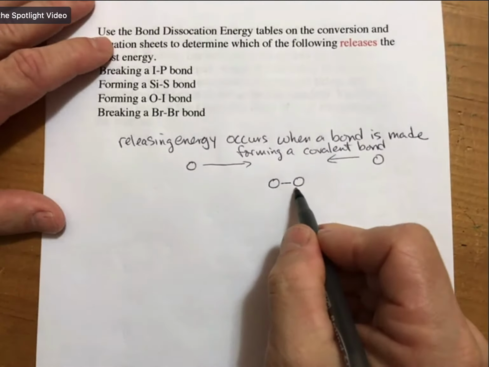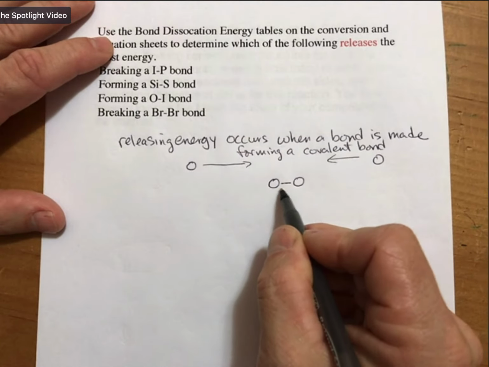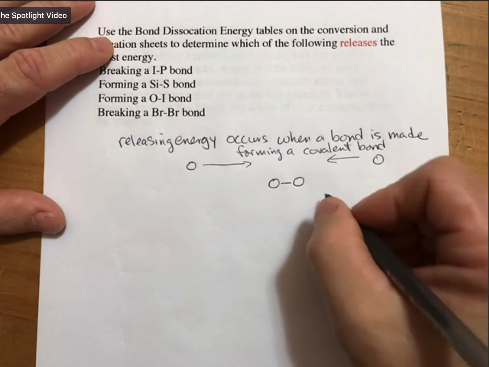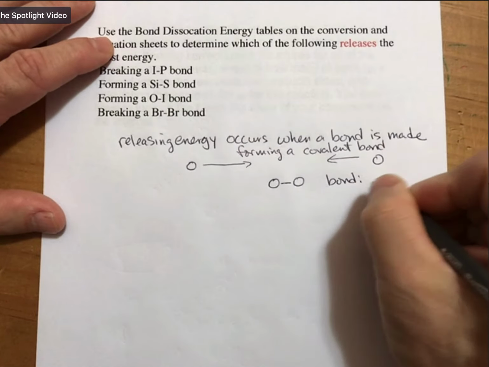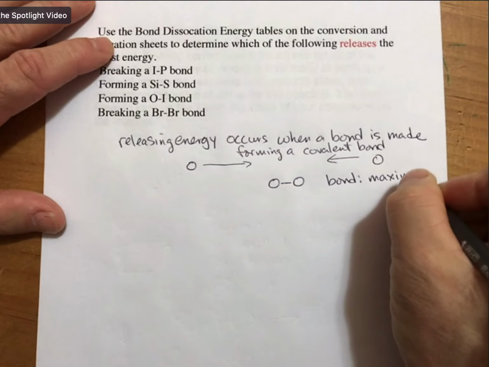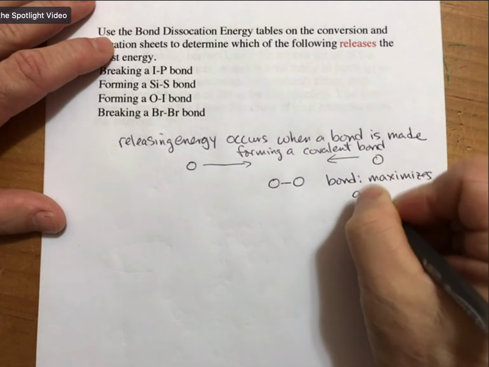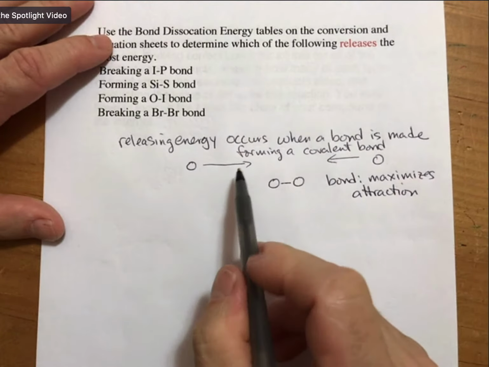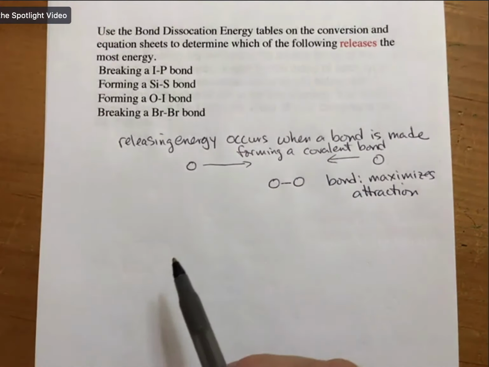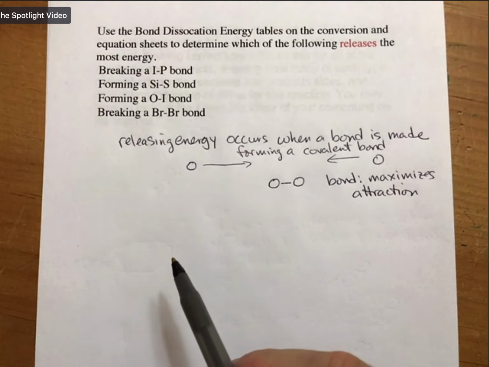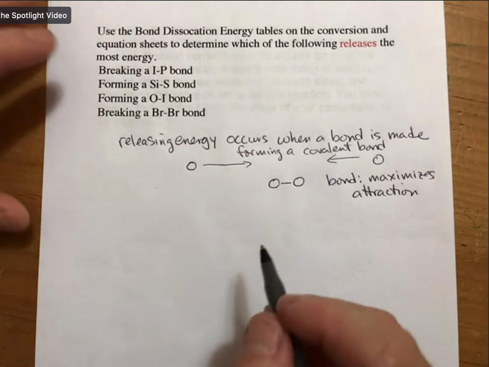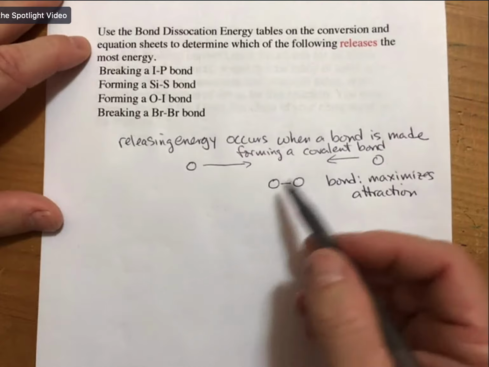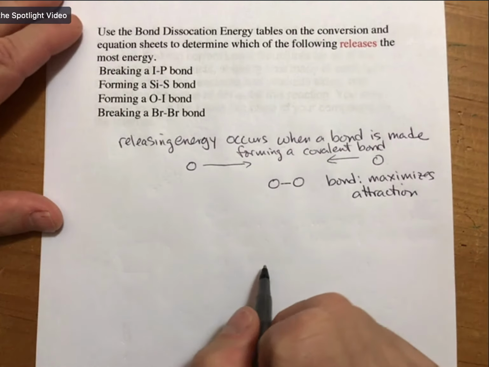Their attraction, or the bond, is when they've gotten close enough to maximize their attraction. And it's an attraction, so think of them as lowering their potential energy of position, and that means they're going to release energy to the surroundings.